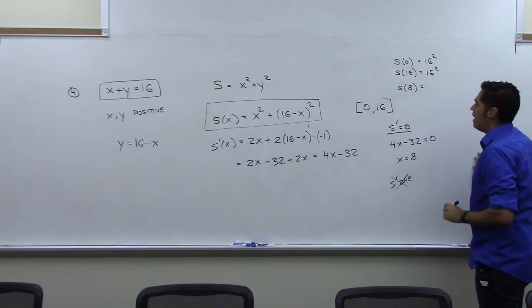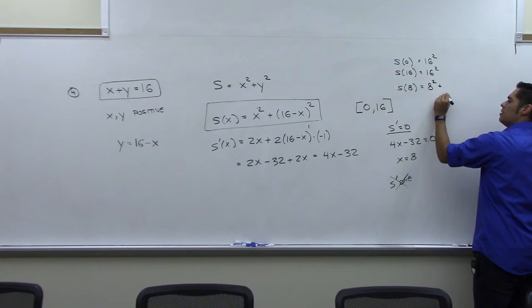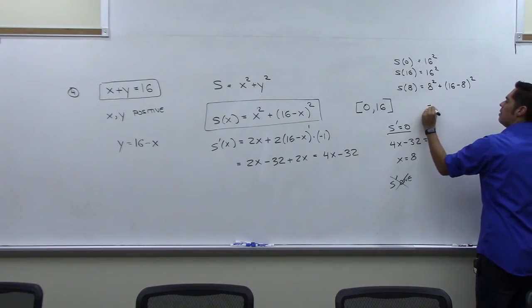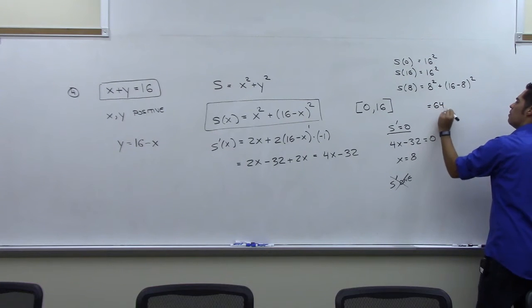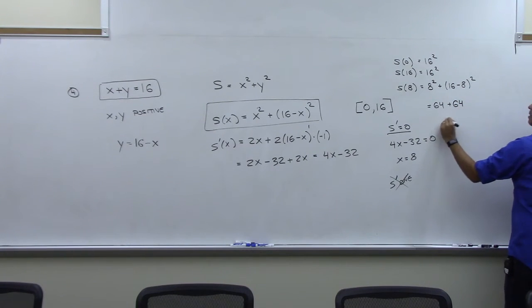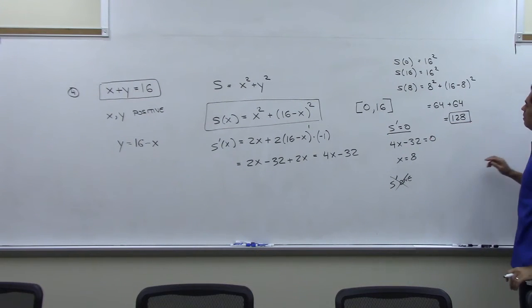And if I plug in 8, let's see what I get. I get 8 squared plus 16 minus 8 squared. 8 squared is 64 plus 16 minus 8 is 8, so 8 squared again is 64. That's 128. So I get 128 there.